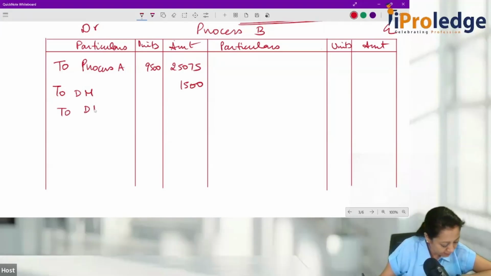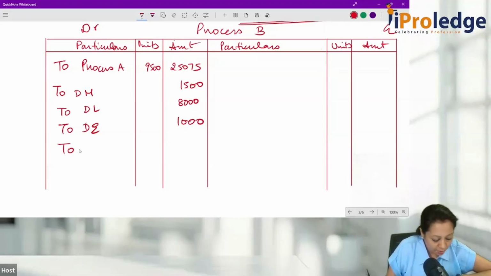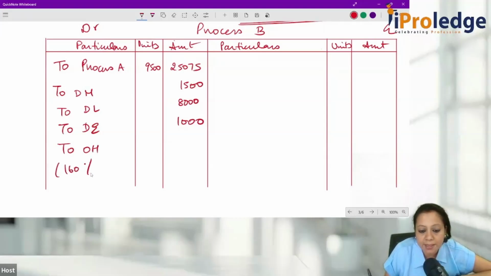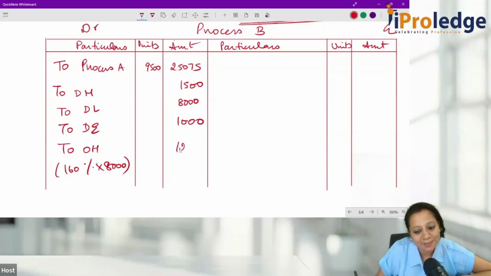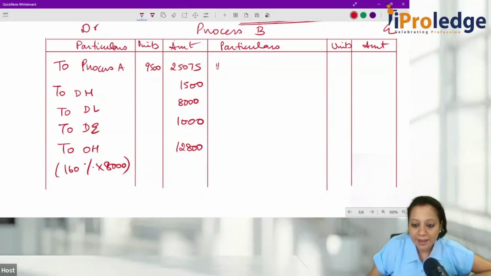Direct labor is going to be 8,000. Direct expenses, all these are given in the question, so directly we are taking it. And then it is going to be overheads. We all know that it is 160 percentage of direct labor, which is 8,000 for this process, so 12,800. So that also we have done.